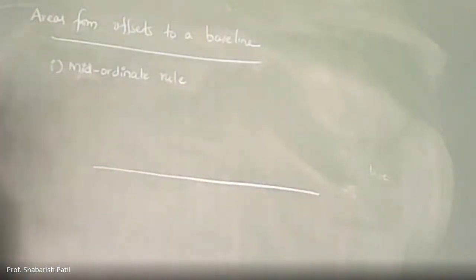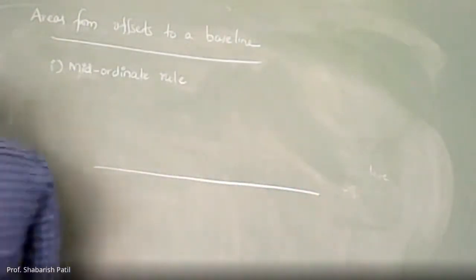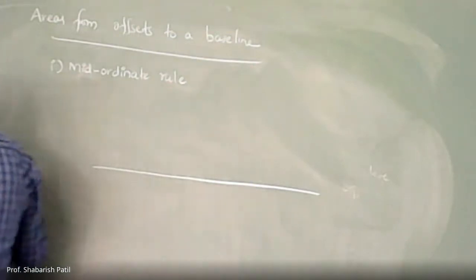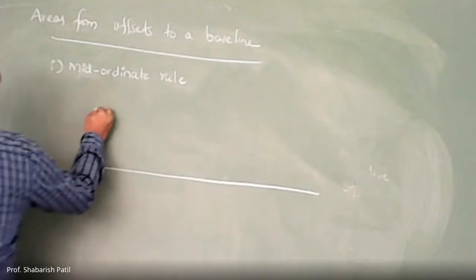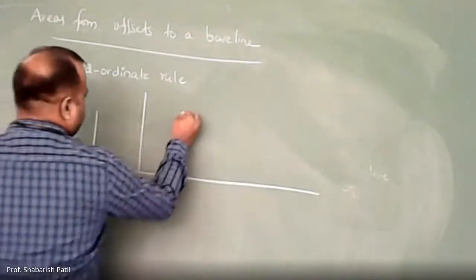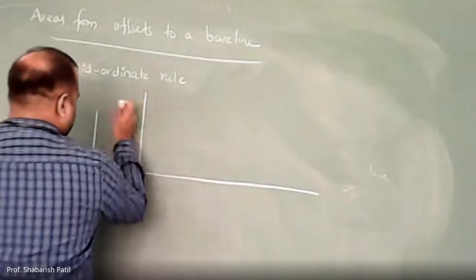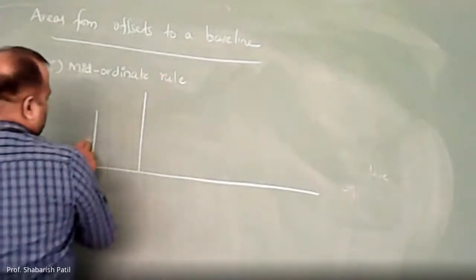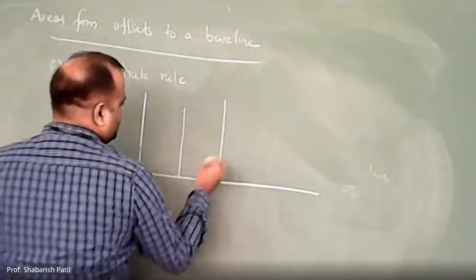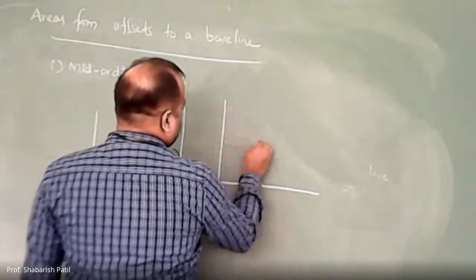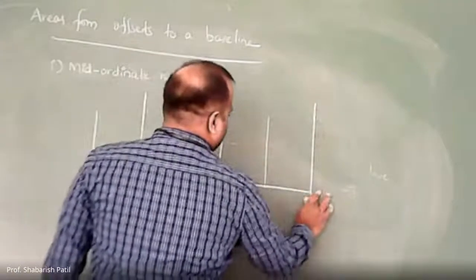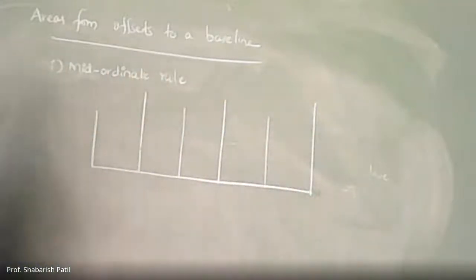The total area is being divided into a set of strips. This is my first strip, second strip, first offset, second offset, third offset, fourth offset. Like this, there will be n number of offsets.